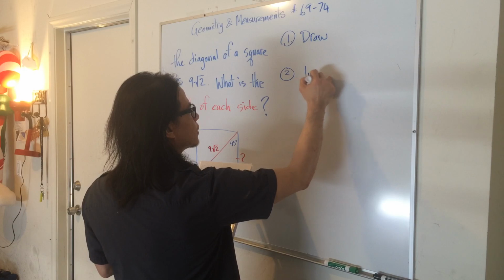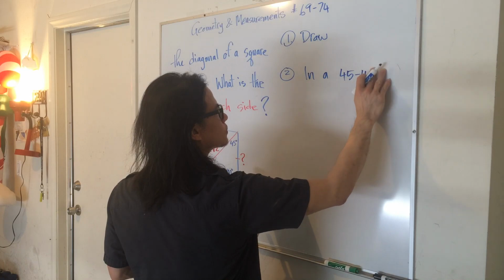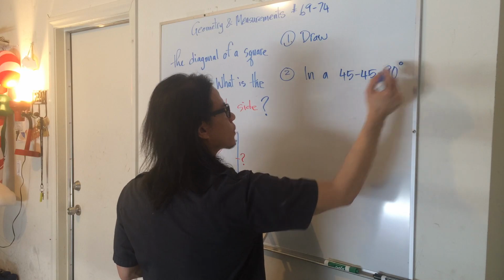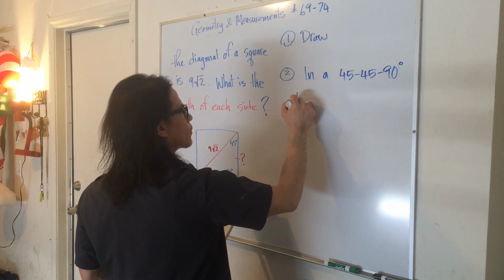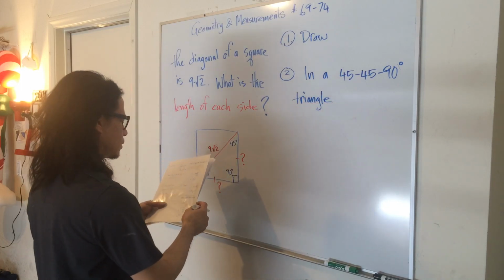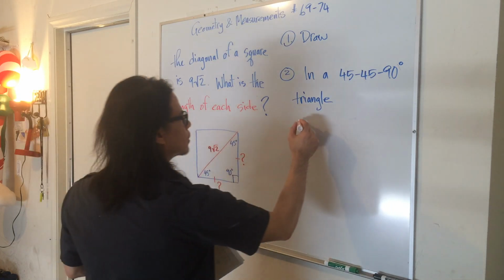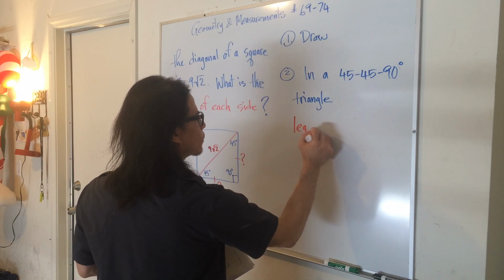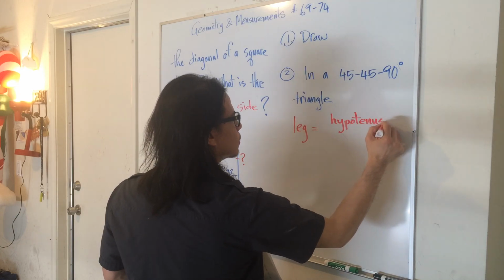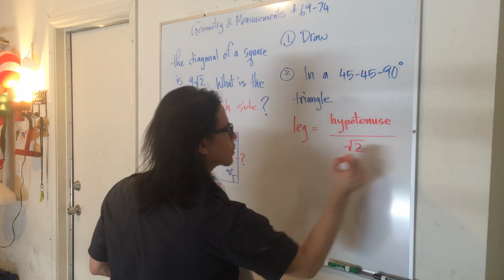So let's note that in a special 45-45-90 degree triangle, the leg is equal to, remember, the hypotenuse over what? If you say square root of 2, you are correct.